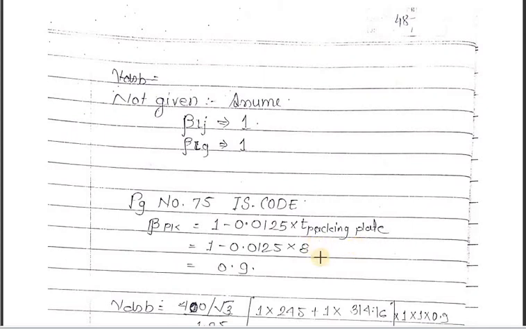What is the thickness of packing plate? The two thicknesses were 18 and 10. 18 was one plate, 10 was the other plate. The difference was 8 mm, so we are assuming this thickness as 8 mm. So 1 minus 0.0125 into 8 comes to be 0.9.